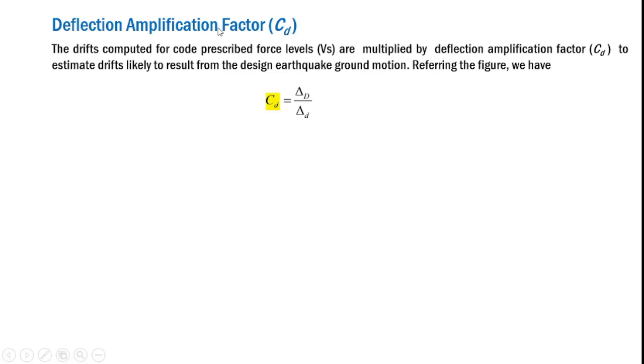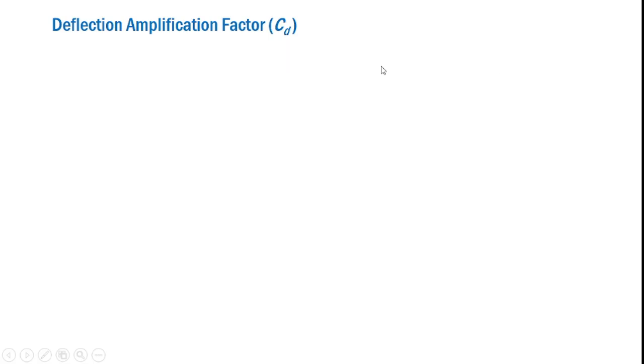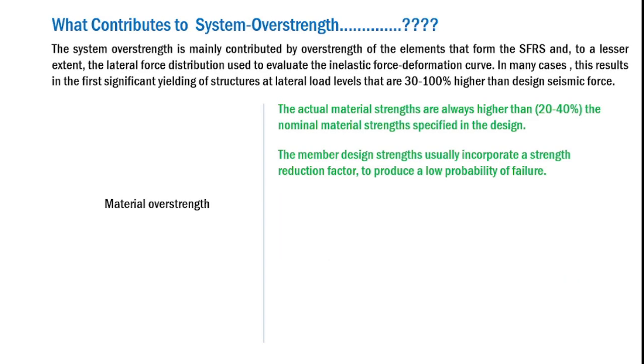And now the deflection amplification factor is defined as CD, that is equal to delta capital D by delta small d. And remember that delta capital D indicates the actual drift that results from the design earthquake ground motion.